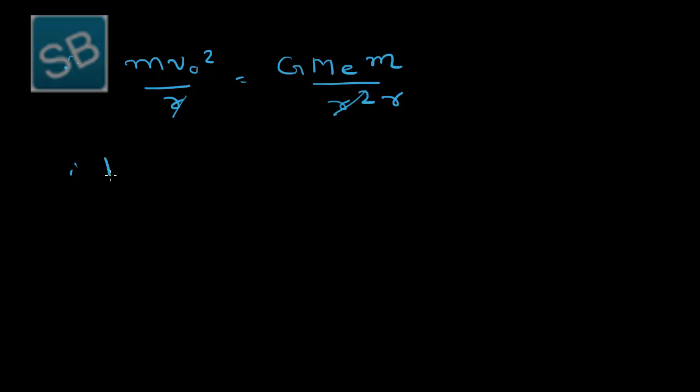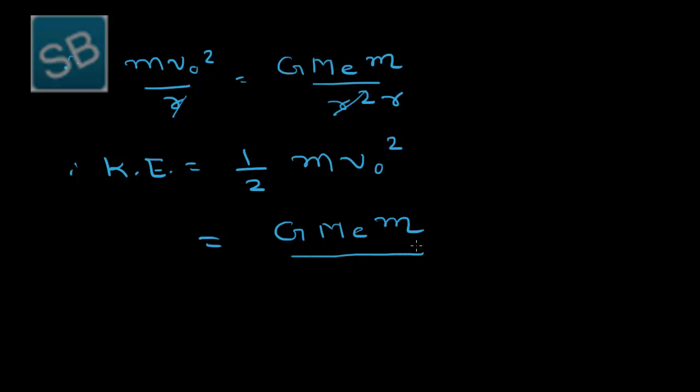Now we have seen that m v0 square over r is equal to G Me into m over r square, and from both the sides one r gets cancelled. But we know that the kinetic energy is given by half m v square, but here it is half m v0 square. So my kinetic energy is also related to the gravitational force of the earth by this equation, so it is G Me m over 2r.